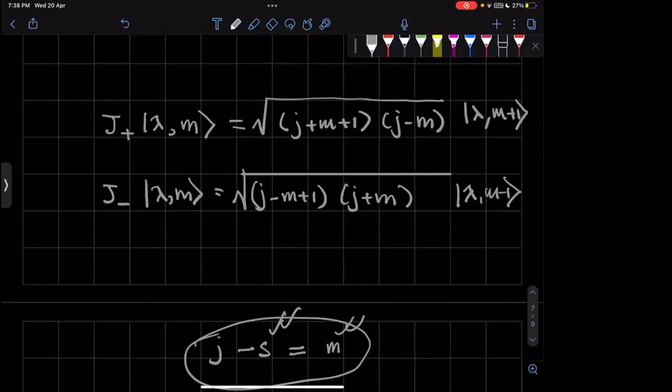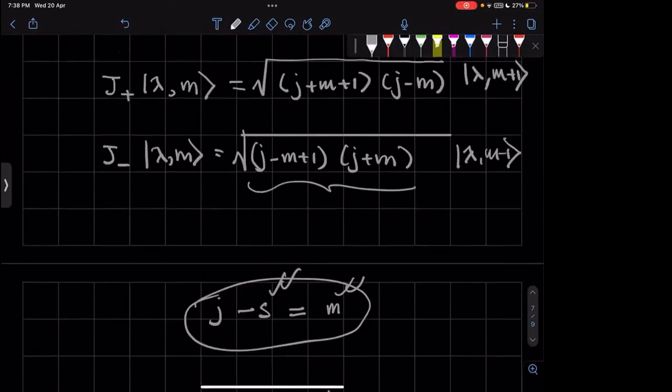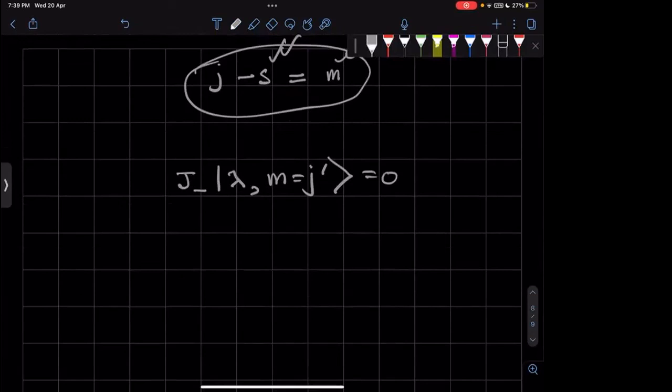How can we get this 0? Well, we can get 0 from here. Right. So this thing is essentially 0 for m equals j prime. So that means that (j minus j prime plus 1)(j plus j prime) is equal to 0.